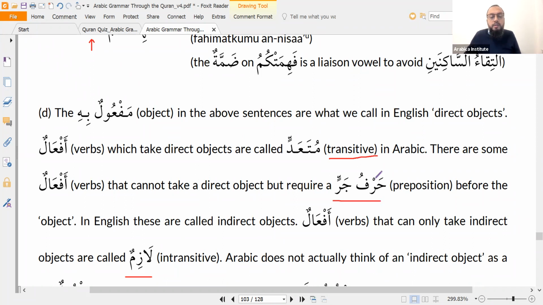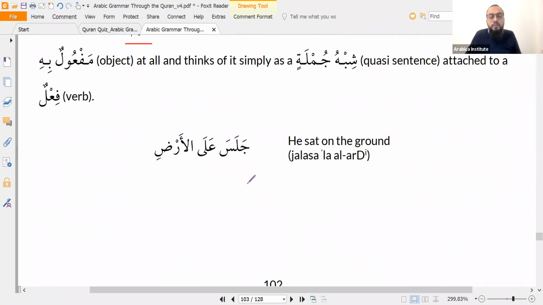All right, let's have a look at some examples. So the verb jalasa, to say he sat on the ground, you can't just say jalasa al-arda. If you say jalasa al-arda, that's incorrect. You have to say jalasa al-ardi. So this verb is lazim, it's intransitive, it cannot take a direct object. Another example is kharaja.